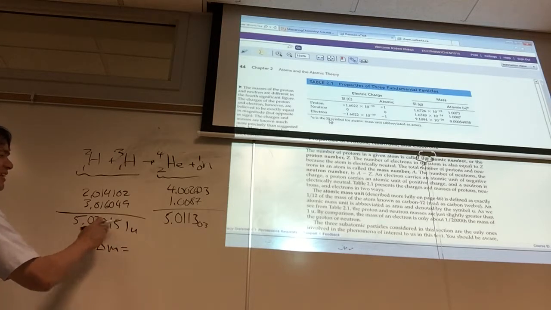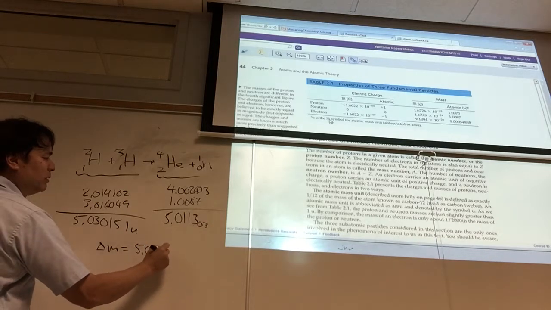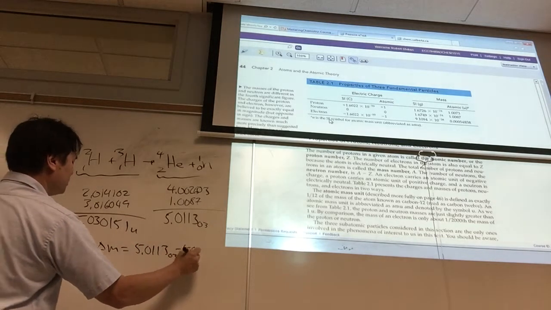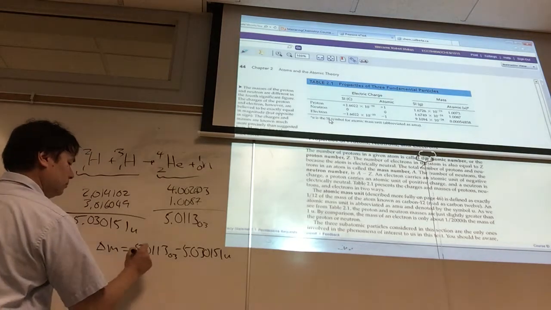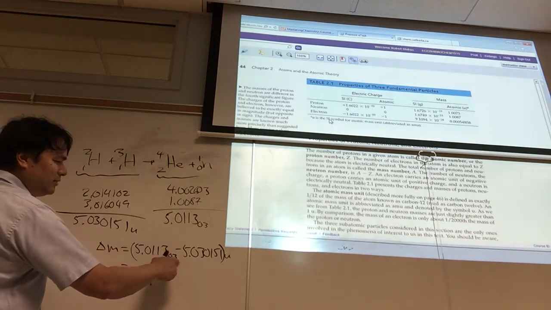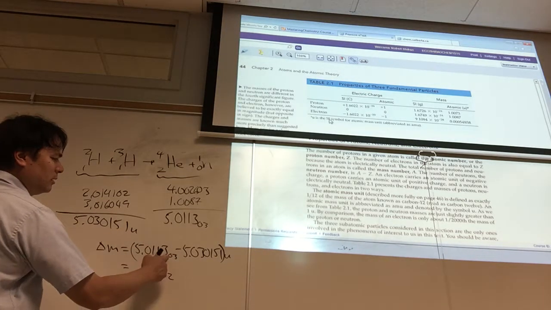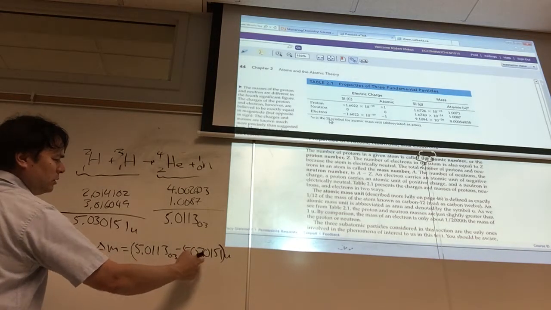Delta M is going to be just 5.011303 minus 5.030151 U, which is equal to what? Can someone punch this out on the calculator? I don't want to do it, or maybe I'll just do it.